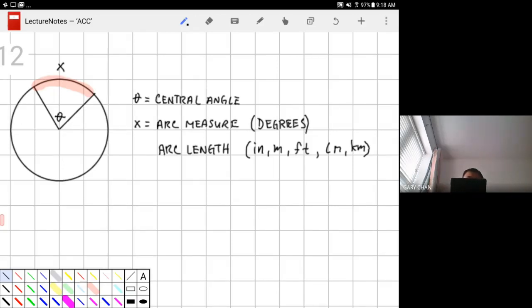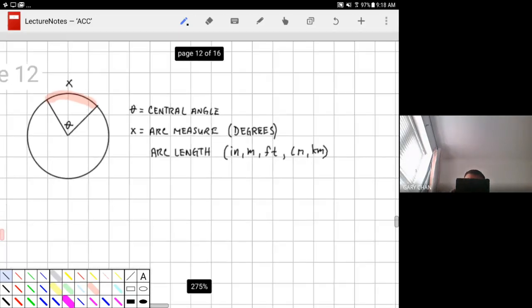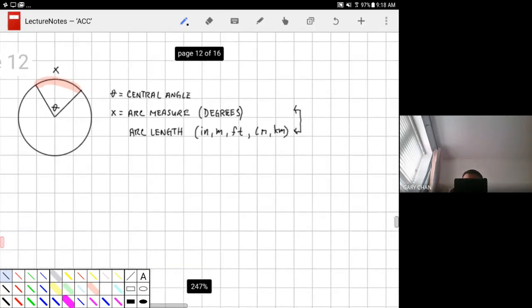The only thing is though, the arc measure and the arc length are very much interconnected. They are closely related.